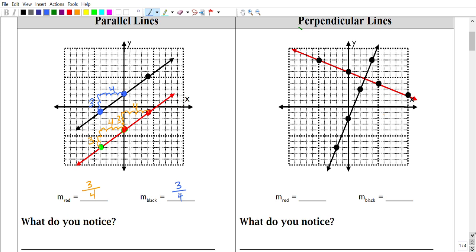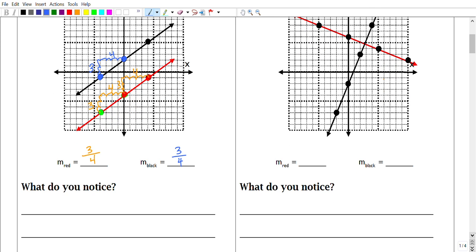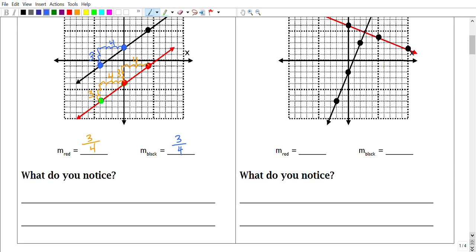I want you guys to take a quick look at those two slopes and tell me what you notice about them. Hopefully what you notice is that these parallel lines have the same slope.